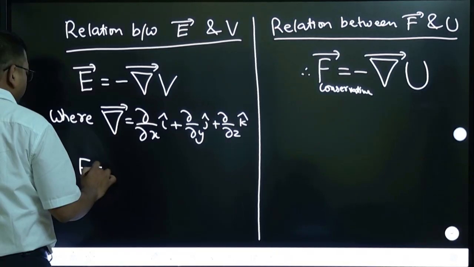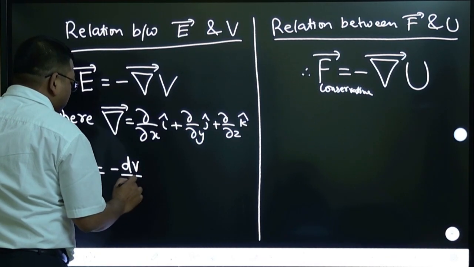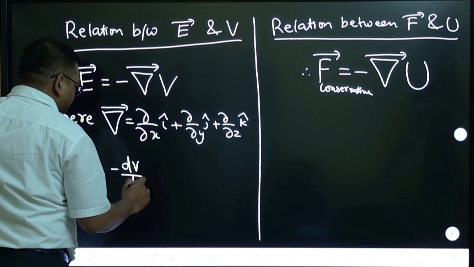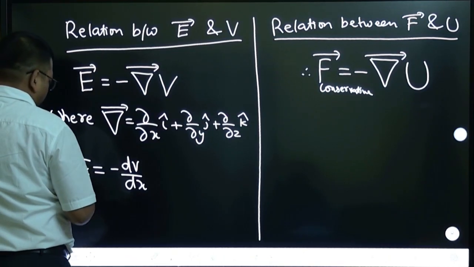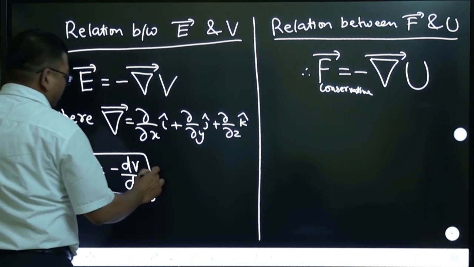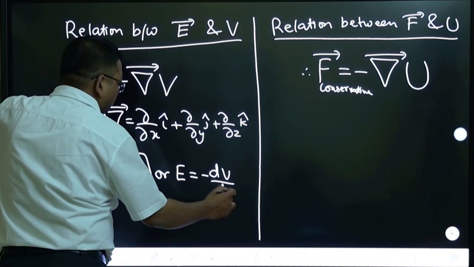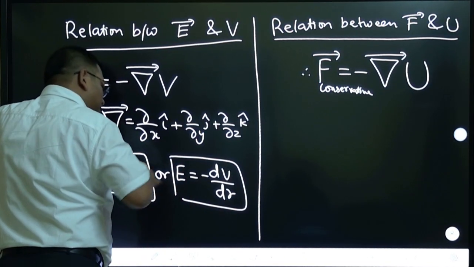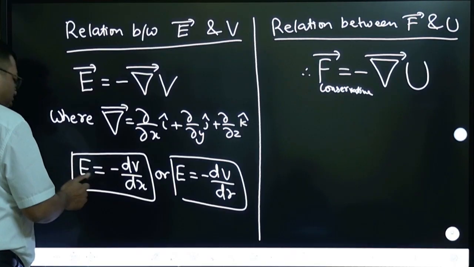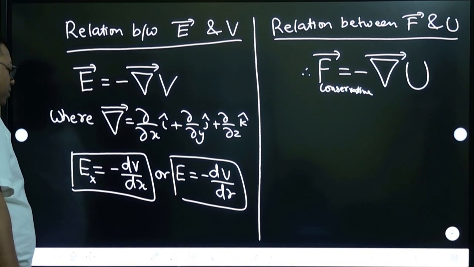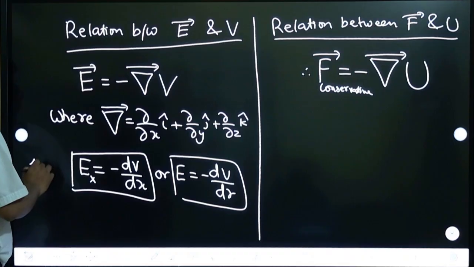So this relationship is there, but for one dimension, you may write simply minus dV by dr, or dV by dx also. Like this we can write it for one dimension. Sometimes we can write E as minus dV by dr, where r is the radial direction you are taking. Otherwise, this is like the component along the x-axis if you are taking one dimension, 1D.